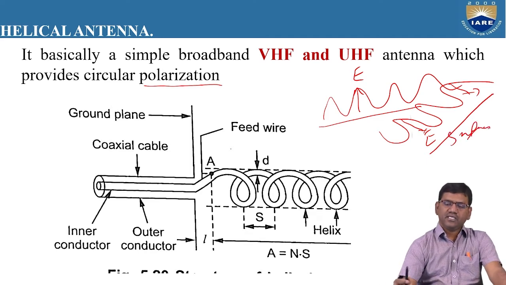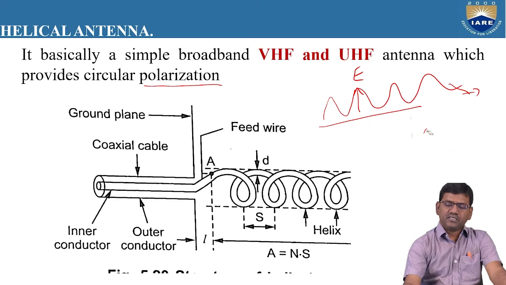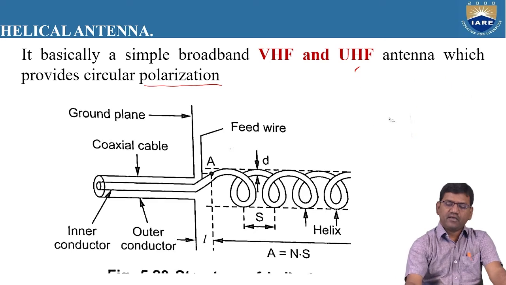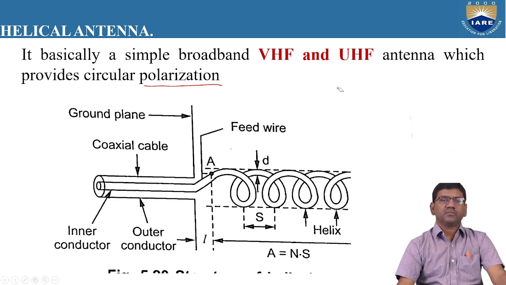So in polarization, we have different types. One is vertical polarization. The other one is horizontal polarization. So what is vertical polarization? If the orientation of the electric field is perpendicular to the surface of the earth, we call it vertical polarization.